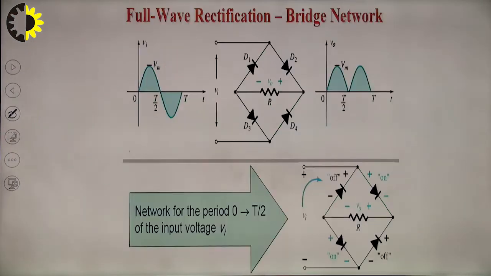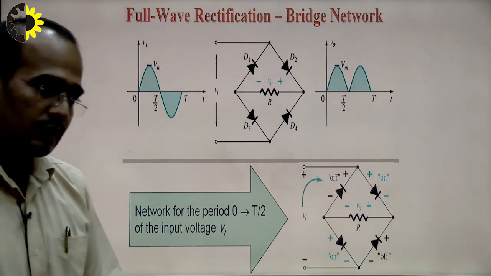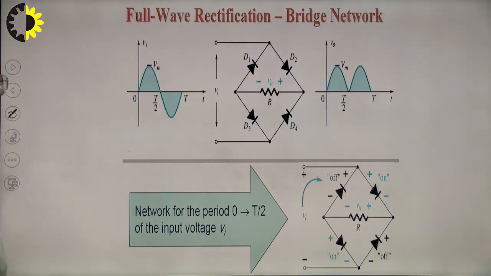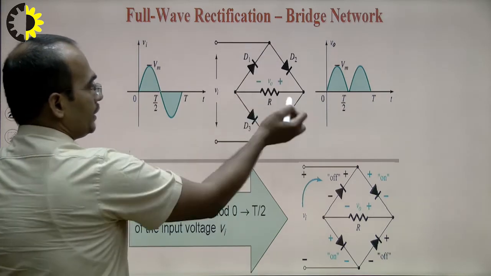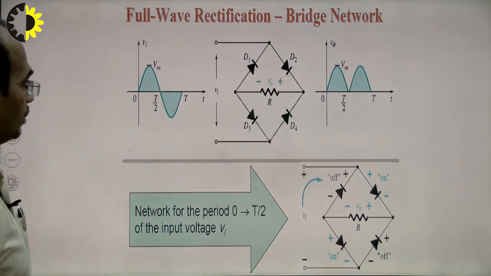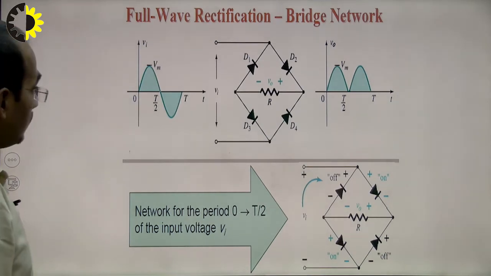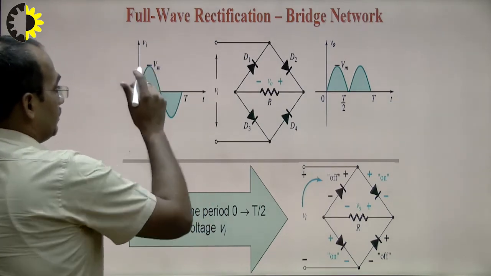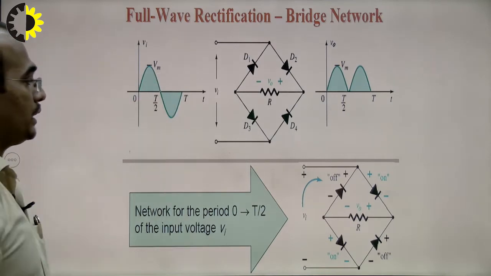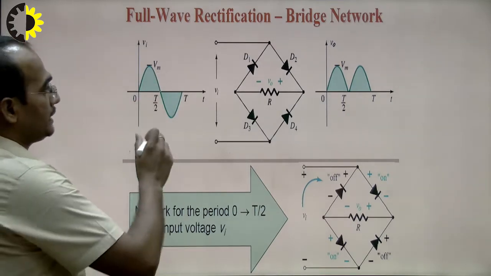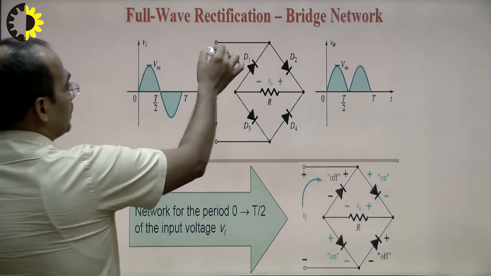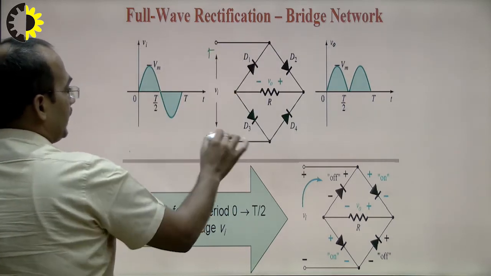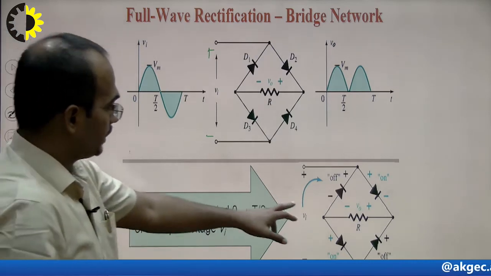Okay. So, coming to the full wave bridge rectifier. I told you that in the case of the full wave bridge rectifier, 4 diodes are used: diodes D1, D2, D3 and D4. The procedure for analyzing the circuit will be the same. For the positive half cycle, the positive sign will come here and the negative sign will come here, as shown in this figure.